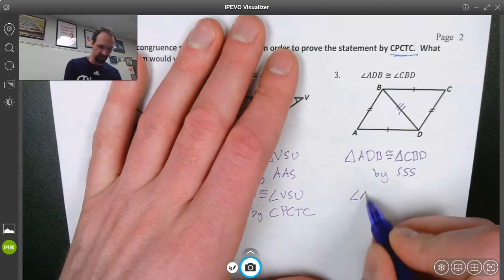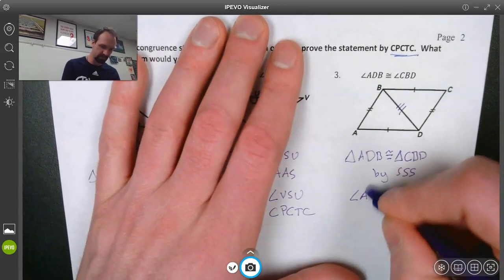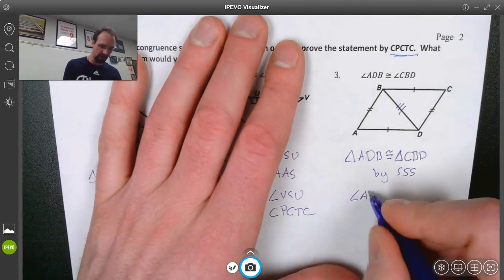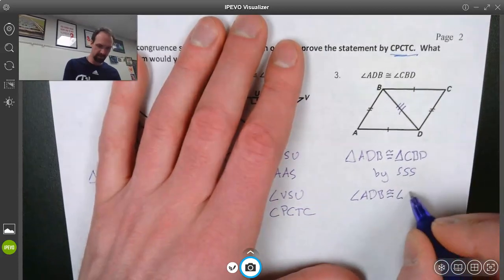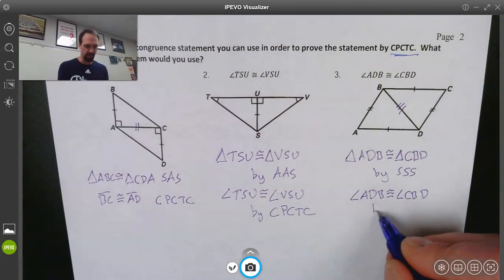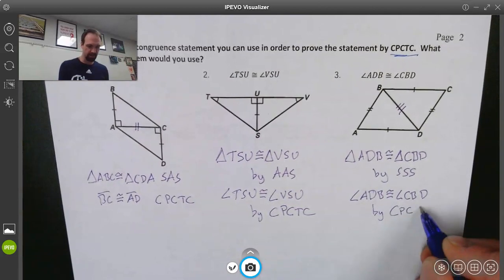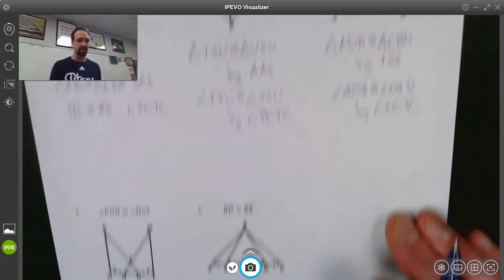That means that angle ADB is congruent to angle CBD, and that's by CPCTC. So first I have to prove that the triangles are congruent, then I can say that the parts are.